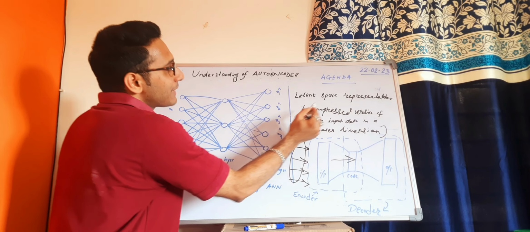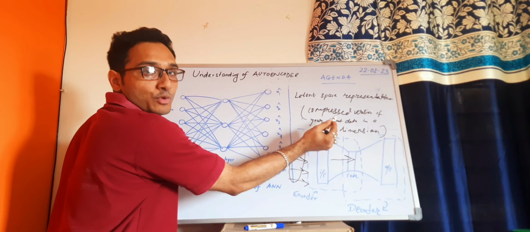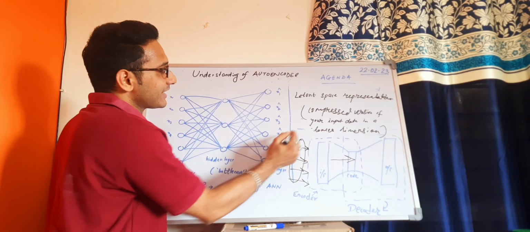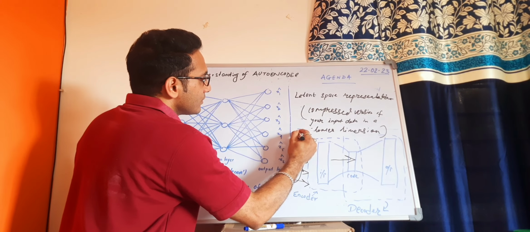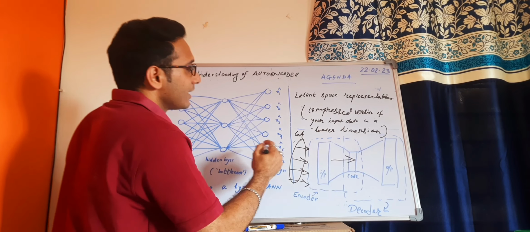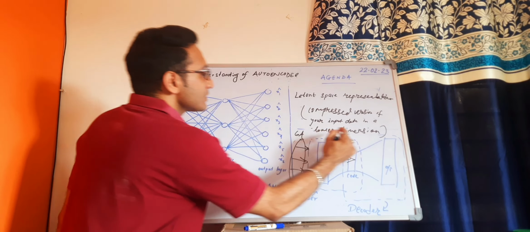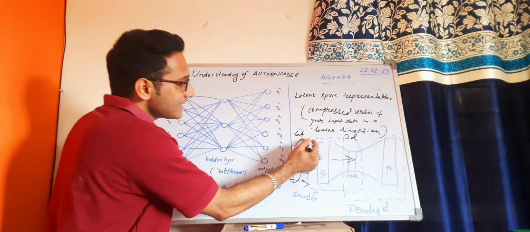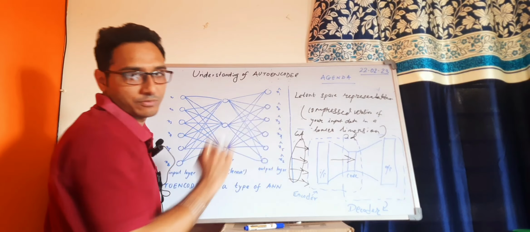So compressed version of your input data in a lower dimension. So suppose your data is 6 dimensional, and for example, suppose it is converted into 3 dimensional. So this encoder block is doing that job.